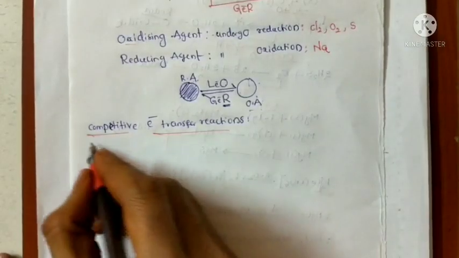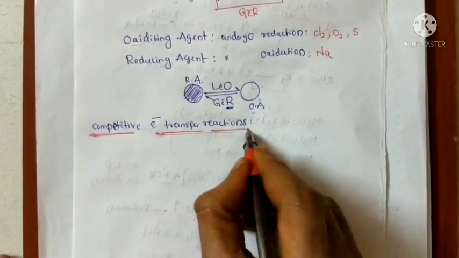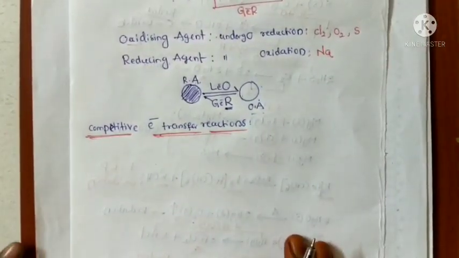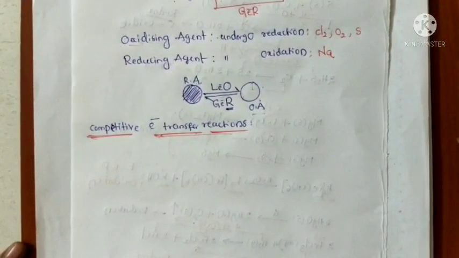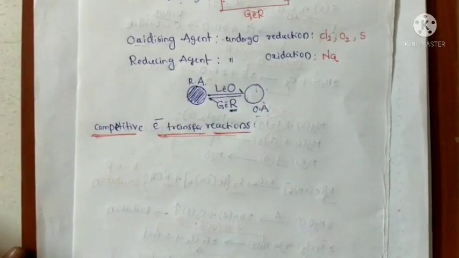So the next one is competitive electron transfer reactions. Generally metals exhibit the loss of electron tendency, so generally metals act as reducing agents, though not all.